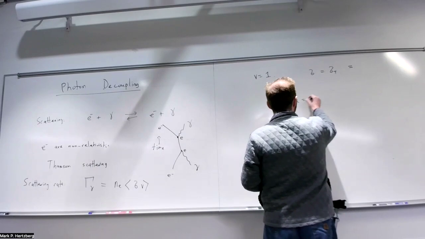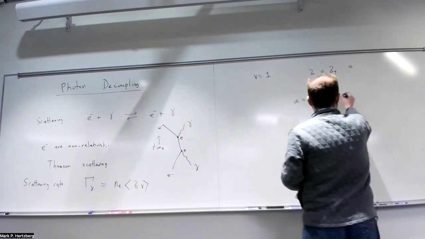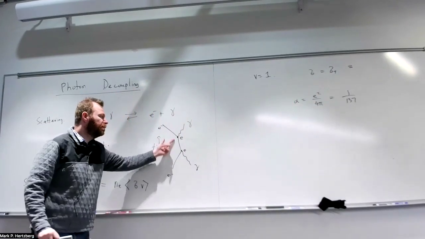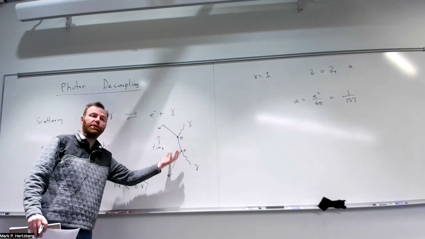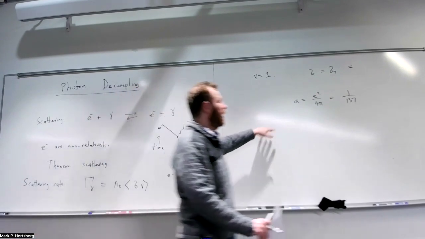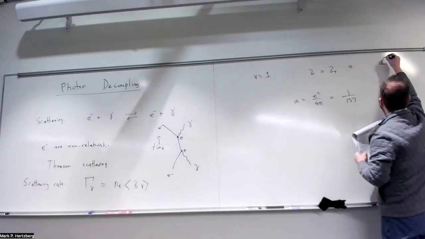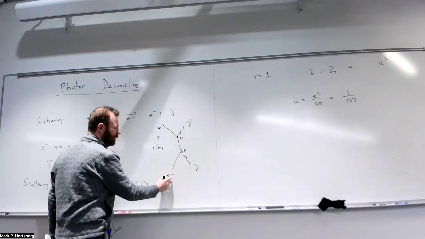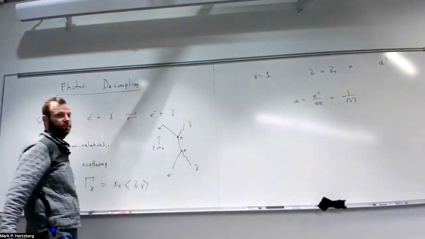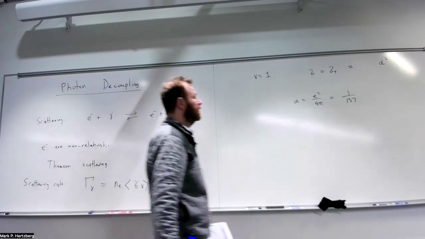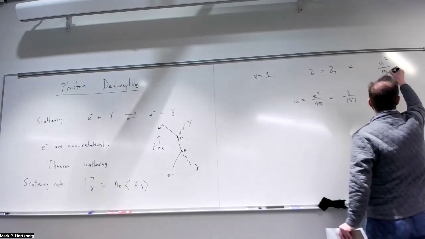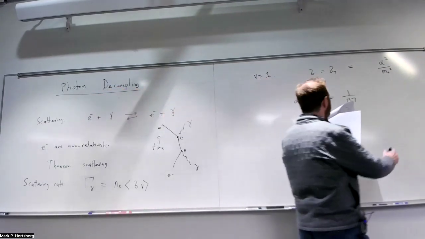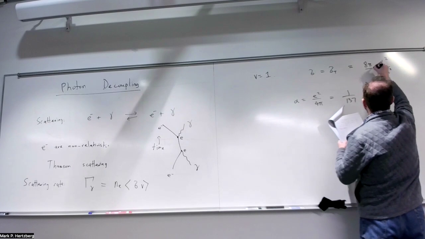Alpha is e squared over 4 pi, approximately 1 over 137. So that's the amplitude. The scattering cross-section is related to the amplitude squared, so this has to go like alpha squared. And with non-relativistic electrons, it's only the electron mass that can set the units for the cross-section, so this has to go like 1 over m electron squared. That's the lazy answer. The right answer, when you do the calculation, has some 8 pi over 3 factor.